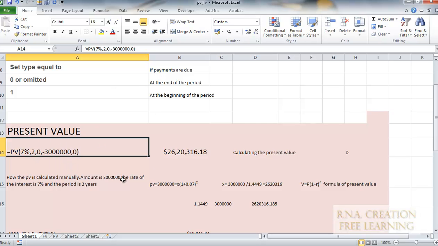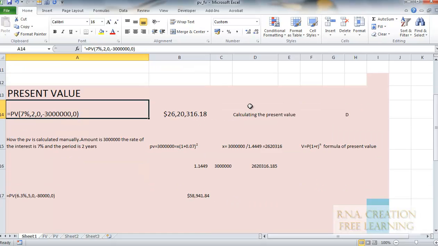So at the end of the period we would be getting $300,000 if we deposit this amount today at the rate of 7%, and there it is how the present value is calculated. Here is how it is calculated manually in the formula, but I would not go into those details as such.